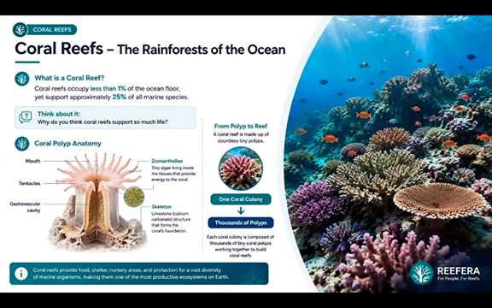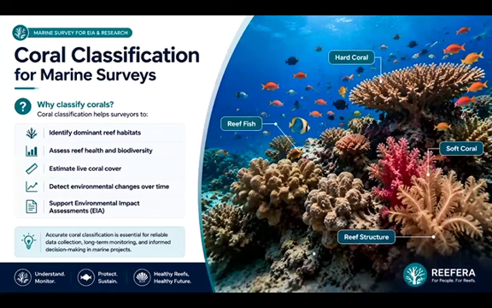So we have 2 animals, the polyp and the polyp hosting the algae, and they have this amazing relationship between each other. They help each other, one providing food, which is the algae, and the other providing protection, which is the polyp, and thousands of polyps can form a colony, and thousands of colonies can form this reef or barrier that we can see underwater.